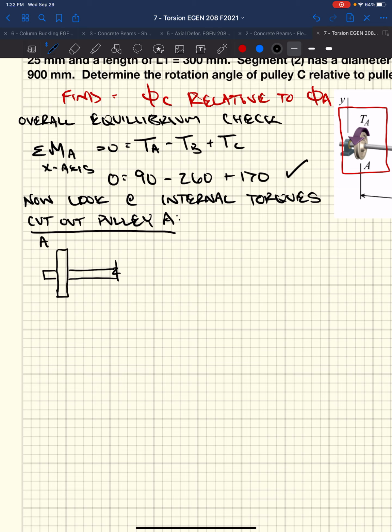Okay, this is at A. We're going to have the torque applied at A, and the torque applied at A is going to be acting on this segment. We're also going to have the torque in the shaft. And this is positive X direction.